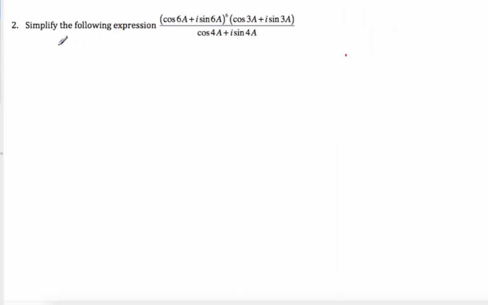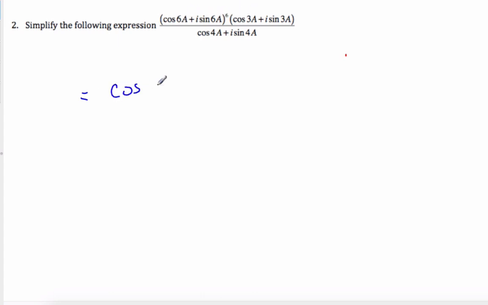Okay, so here we're going to simplify this expression, and I can use this one here. It means I'm going to have to use DeMoivre's theorem. When I use DeMoivre's theorem on the first part, r is 1, so 1 to the power 6 is 1. But I end up multiplying 6 times 6.